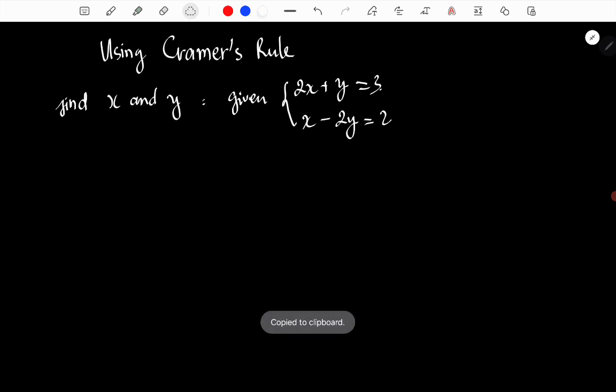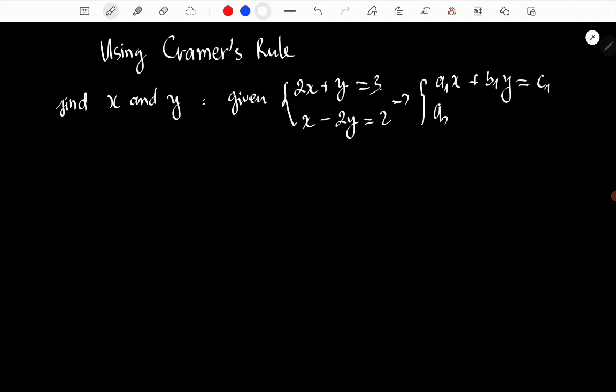So in order to do this Cramer's rule method to find x and y in this case, first of all, we need to rewrite the two equations. So we can write a1x plus b1y equal to c1, and a2x plus b2y equal to c2.